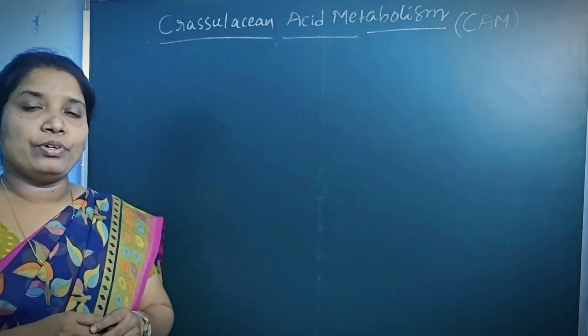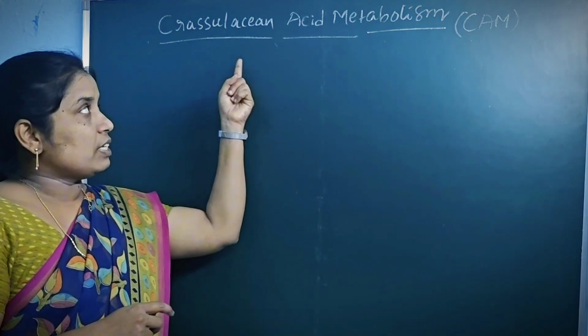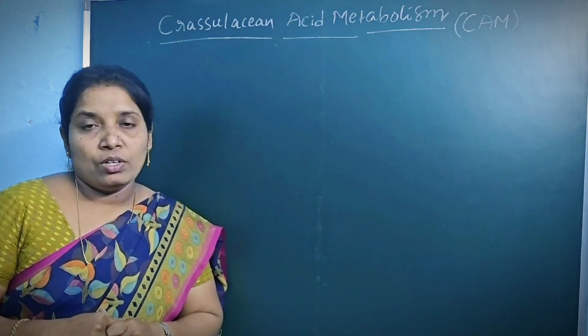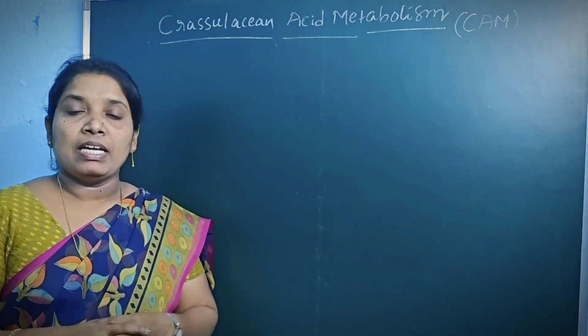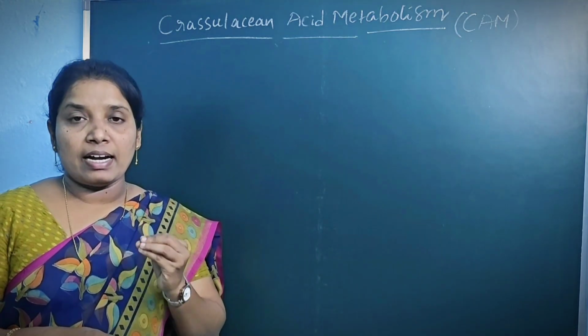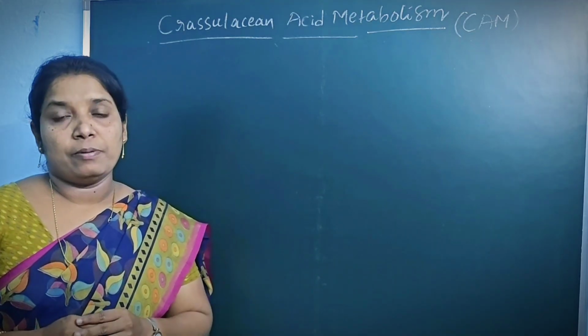In this video, I am going to give you a brief lecture on the Crassulacean acid metabolism pathway, or CAM cycle. Crassulacean acid metabolism is a photosynthetic adaptation found in plants, especially succulents.